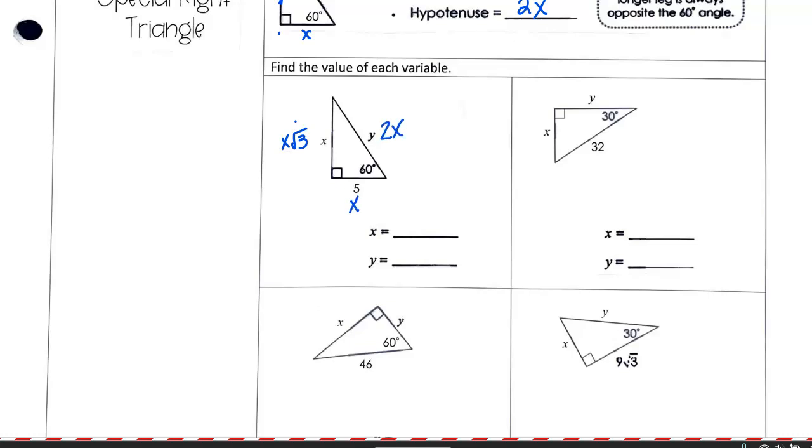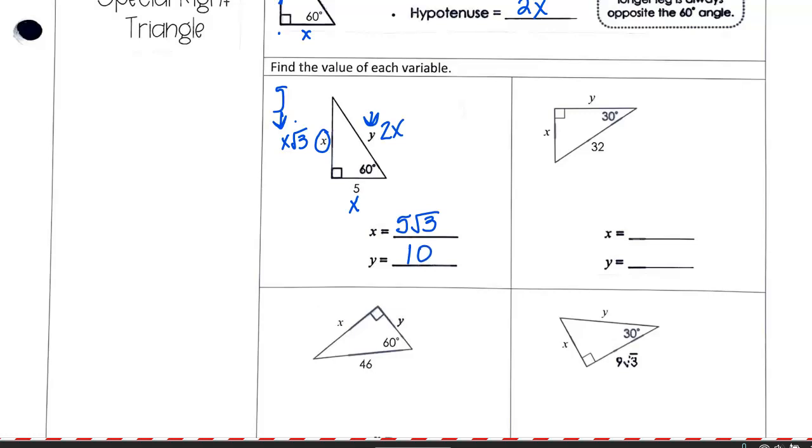So you can see right away that this is going to be an easy problem because our x ratio is 5. So if we're finding this value, that means that here we just put in 5. So it's 5 square root of 3. And then this y is 2 times whatever our x is, so it's 10.